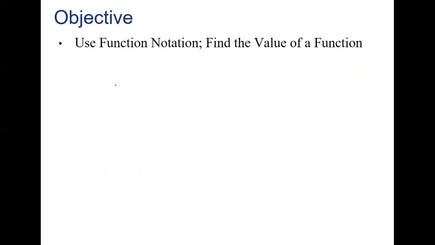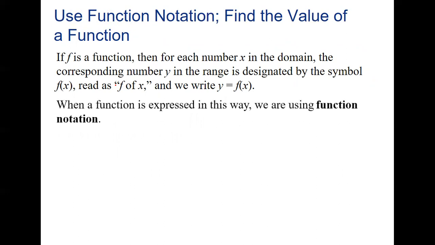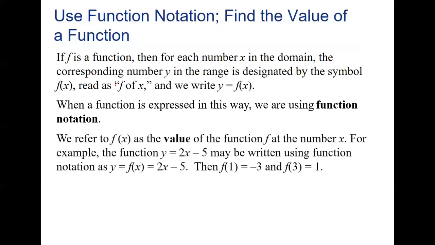All right. Function notation. Function notation is basically the fancy way of saying y, right? f of x. That is function notation. Function notation is our way of symbolically saying we're going to substitute in a value. So for example, if I have f of x equals 2x minus 5, and then I have f of 1, that means that I substituted in 1 for x, and my output was -3.